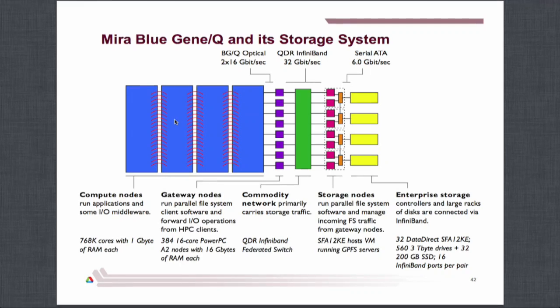And the enterprise storage on the back end, let's see, what do we have? We have 32 storage arrays back there. Each of those has 560 normal drives and some small number of SSD drives. So this is sort of the scale that we're talking about. This is what you can actually use today in the exercises.